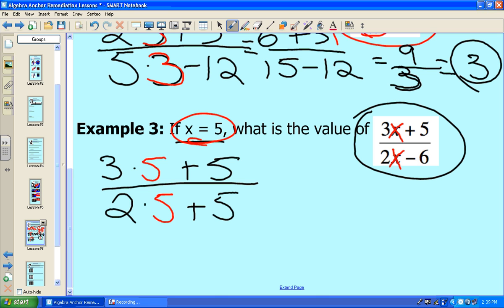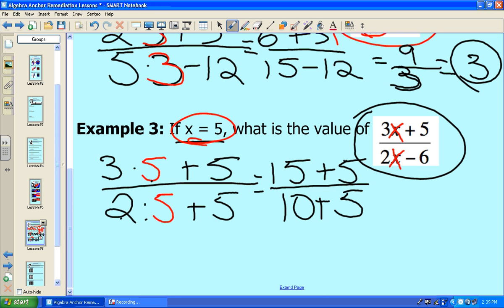Okay, once you did your substitution, now simplify the numerator. 3 times 5 is 15, 15 plus 5. In the denominator, simplify 2 times 5, which is 10, plus 5. You always want to do the multiplication first before the addition because you use order of operations.